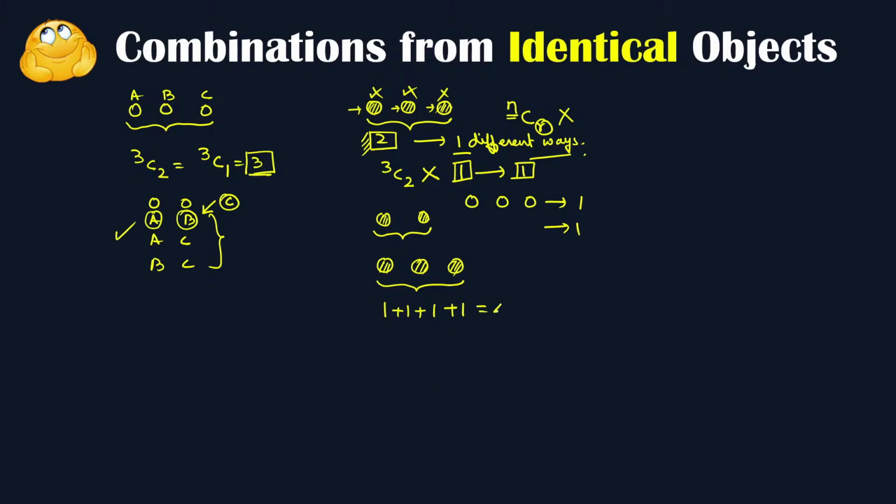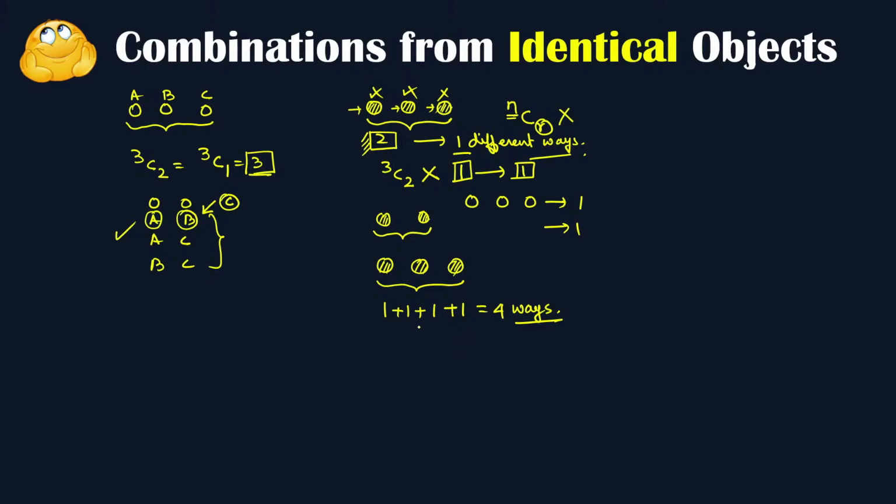That is, there are 4 different ways in which you can give chocolate to someone. That chocolate can be 1 chocolate or 2 chocolates or 3 chocolates or no chocolates.